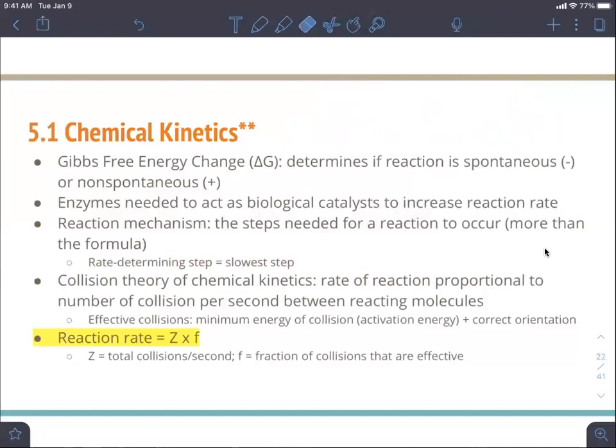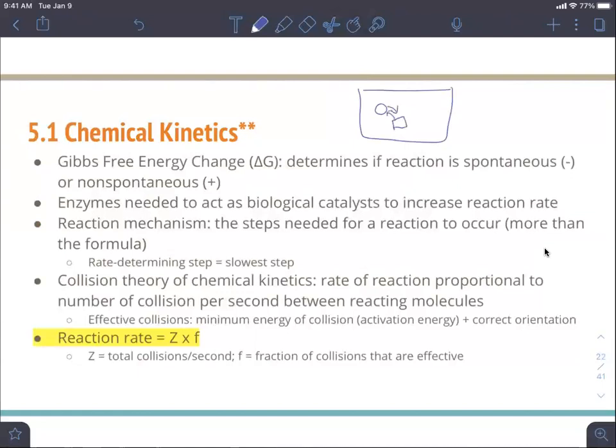The collision theory of chemical kinetics is that the rate of reaction is proportional to the number of collisions per second between reacting molecules. This should make sense. If you think about a reaction, what's actually happening is, say there's a bunch of atoms in a solution, and here's one molecule, here's another molecule, and these are two reactants, and they have to somehow collide in order to react.